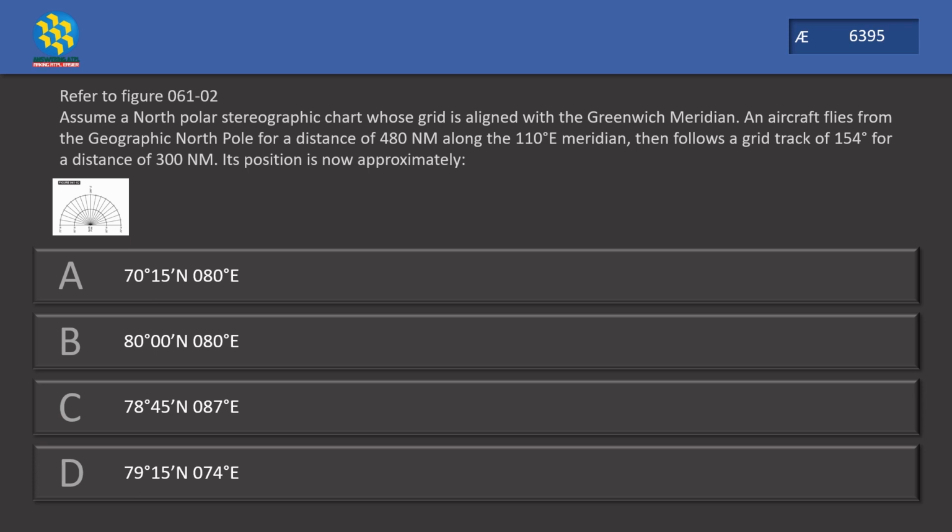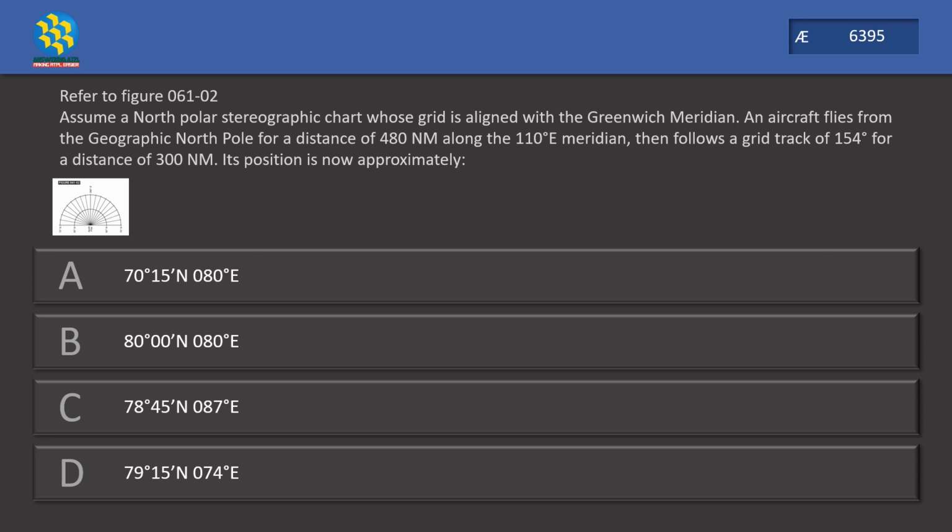Refer to figure 061-02. Assume a north polar stereographic chart whose grid is aligned with the Greenwich meridian. An aircraft flies from the geographic North Pole for a distance of 480 nautical miles along the 110° east meridian, then follows a grid track of 154° for a distance of 300 nautical miles.